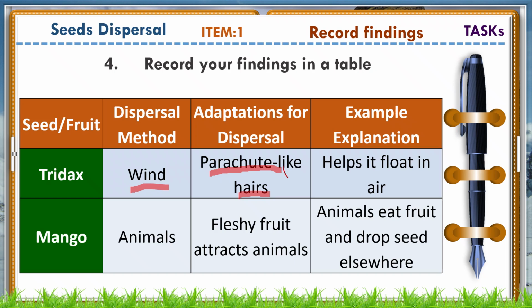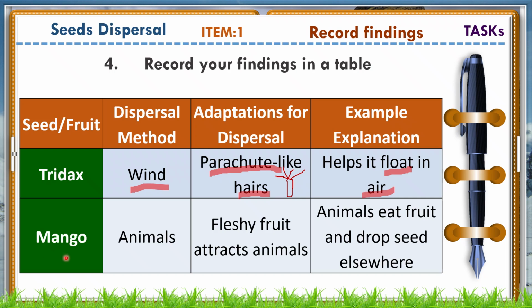We saw those hair-like structures on the tree ducks. Those hair-like structures are the ones that we called the papas, or the parachute-like hair, which help in dispersal. This helps it to float in air.